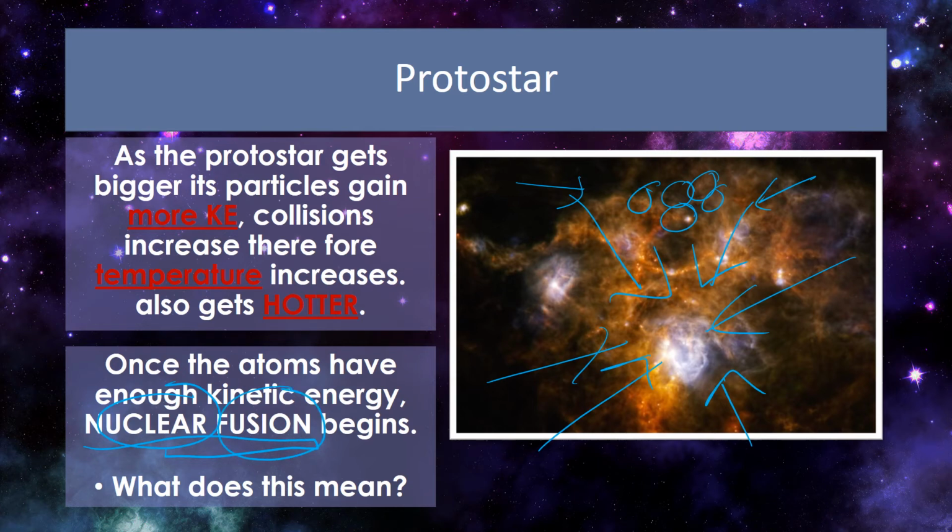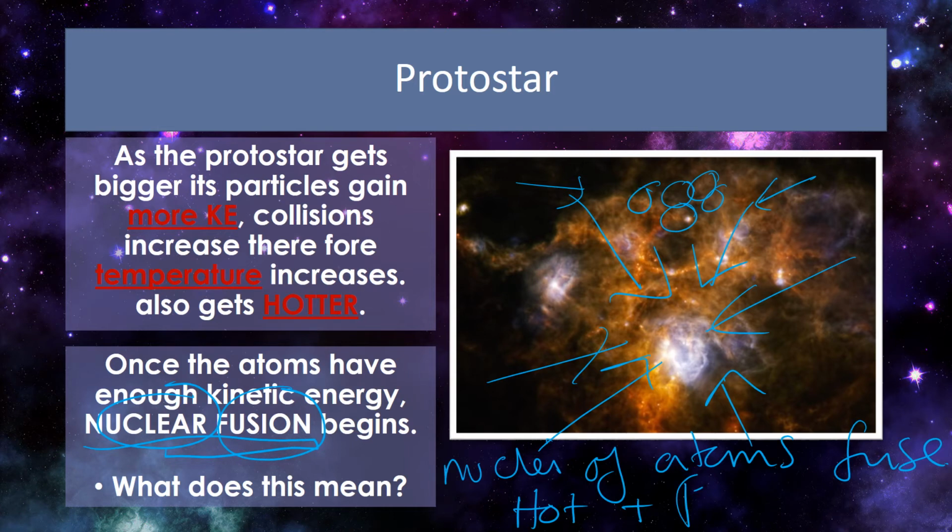So this literally means the nuclei of atoms fuse. And the reason why it needs to be hot and have a lot of pressure is because if you remember the nucleus of an atom, so here's a picture of an atom, the nuclei are positive. And so if you've got positive and positive coming towards each other, they naturally want to repel each other. So you have to put them under huge amounts of force to get them to join together.